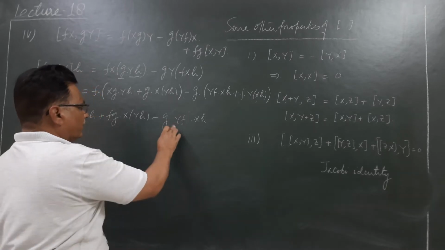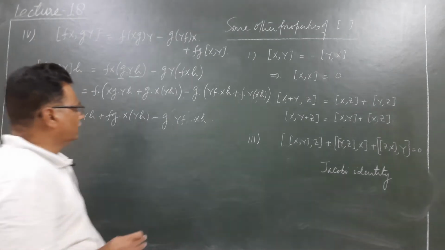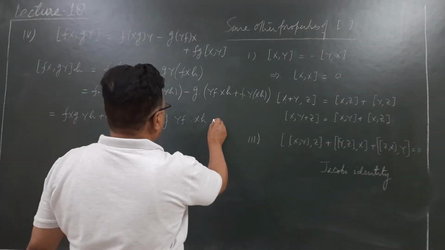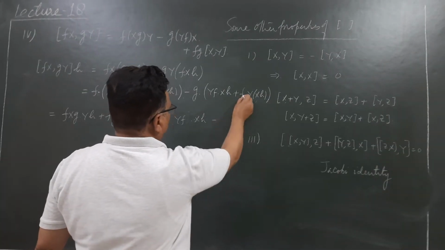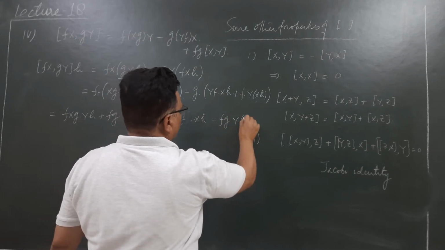You can understand gyf को एक साथ लिखने से ये हो जाता है कि ये फंक्शन है. ठीक है, और again last term is minus gf or fg एक ही बात है, तो yxh.